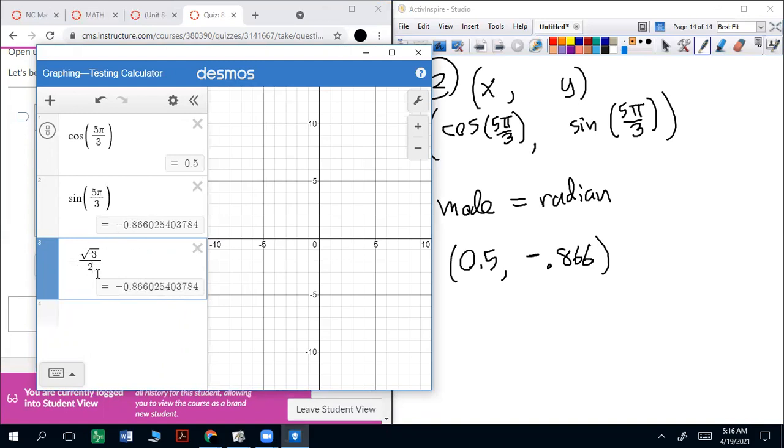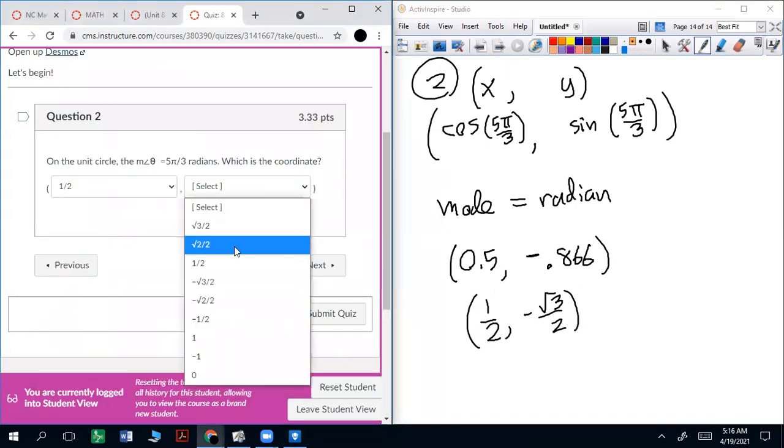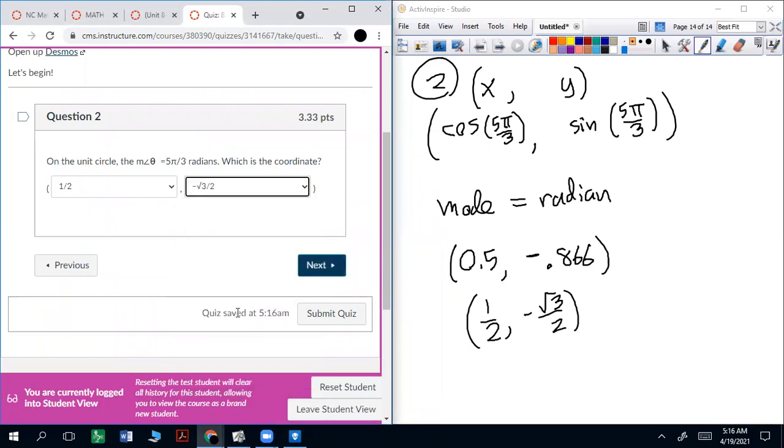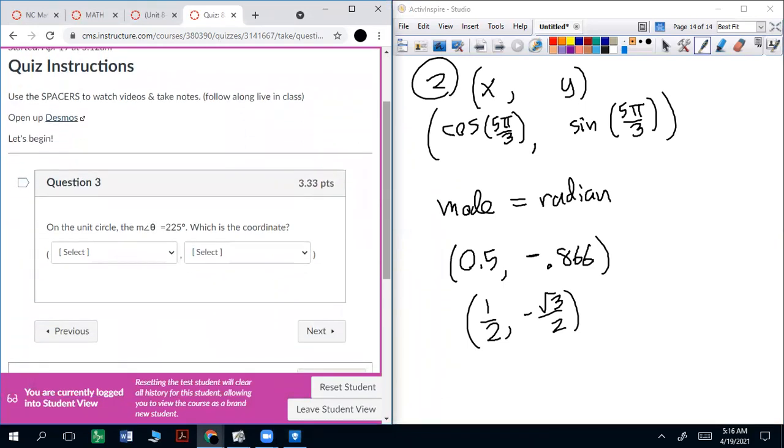Negative square root of 3 over 2, negative 0.866. So it is 1/2, negative square root of 3 over 2. That is your coordinate on the unit circle. We'll pretty much go through all of these until we get to number 11, like this.